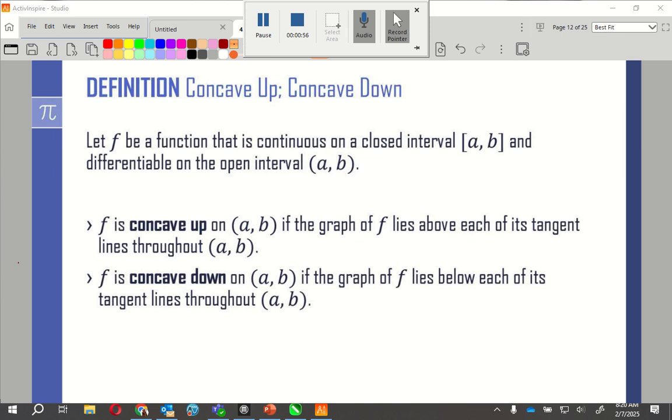Alright, so let's see. Concave up, concave down. Up until this point we've been using the first derivative.